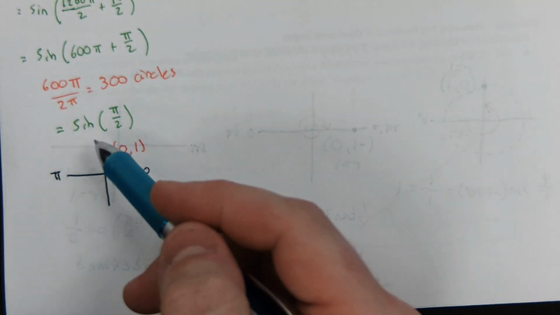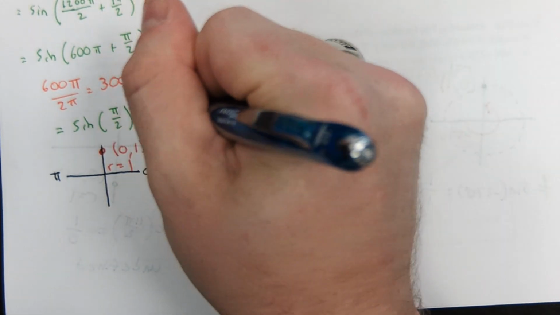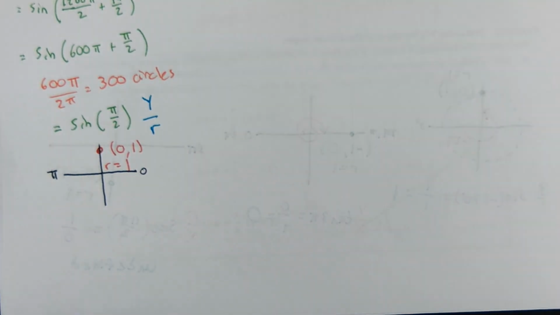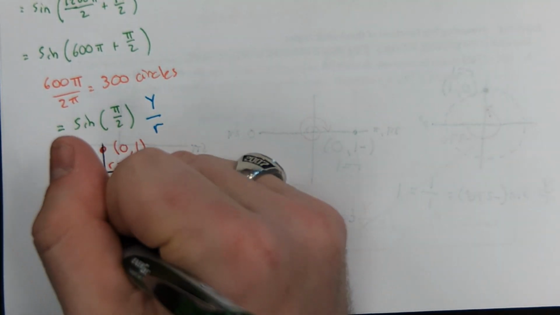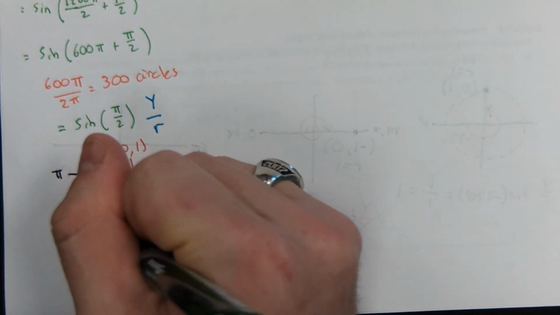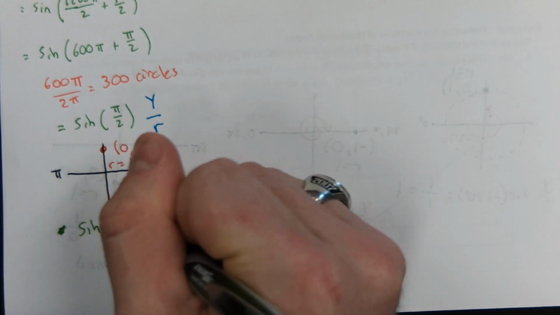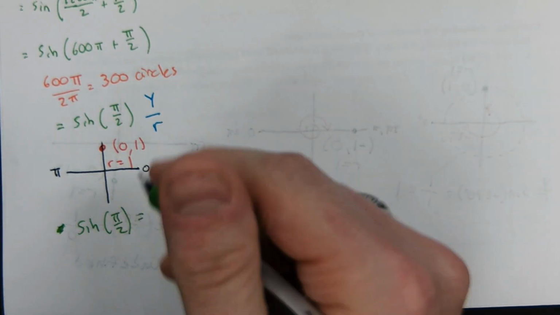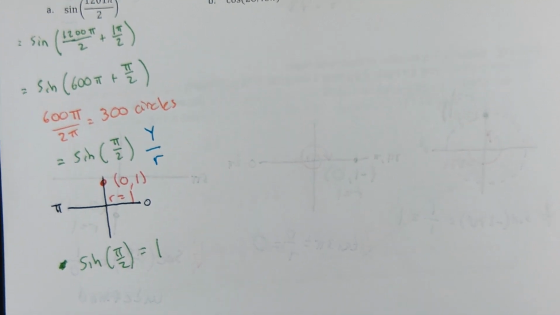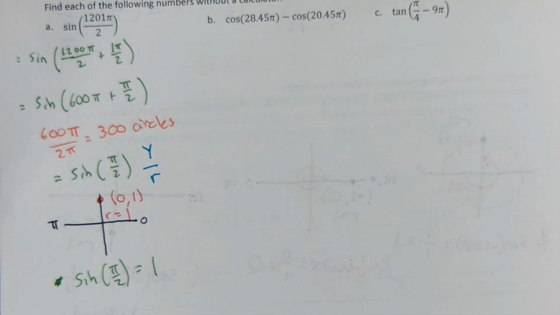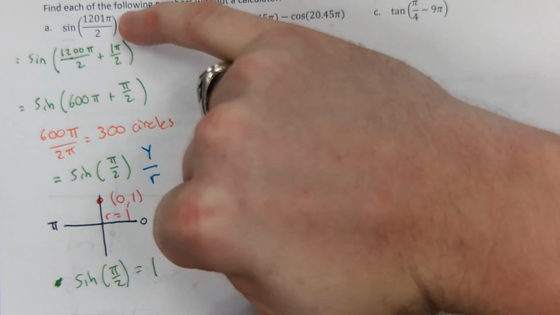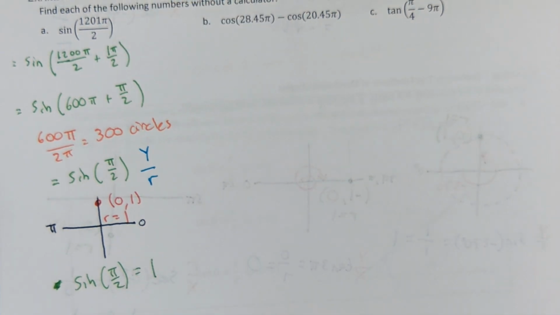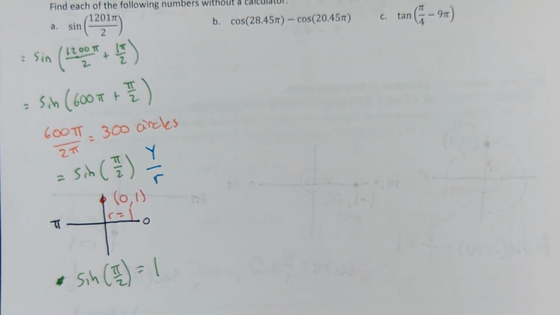Let's evaluate. Sine uses y over r. So sine of pi over 2 is 1 over 1. Ta-da! So this equals 1. No calculator.